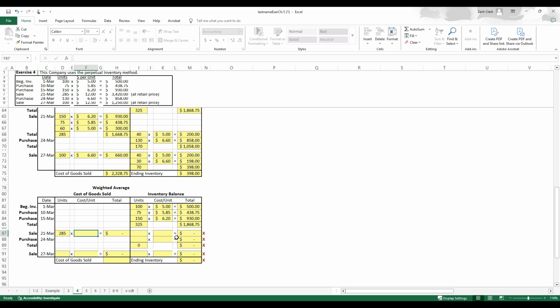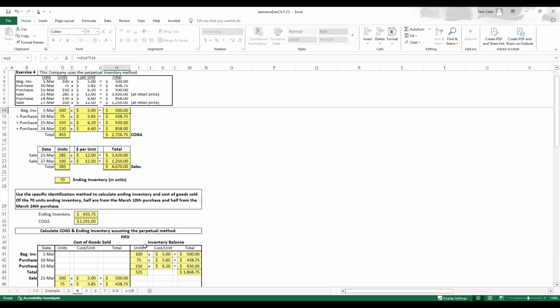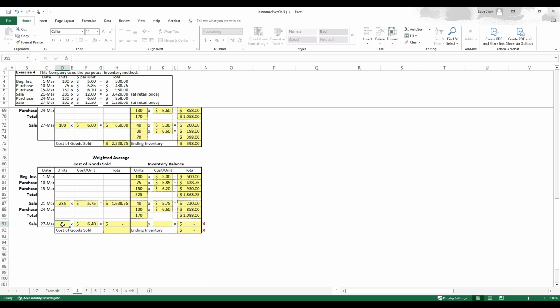So all we need to do is take the total cost divided by the number of units at that point, and then the leftovers will be at that same average cost. So this is the same as above, we just bring those in. We have a new average down here, which we can calculate and use here for our 100 units.